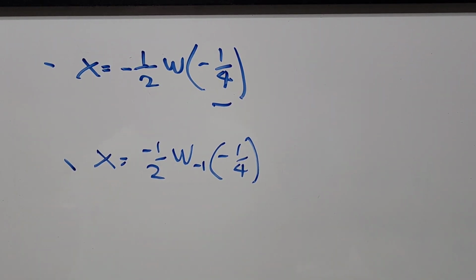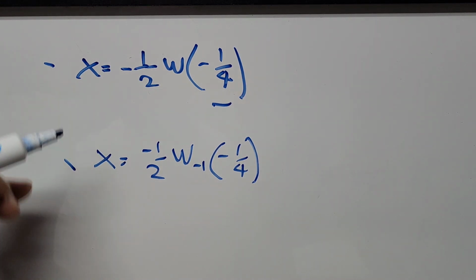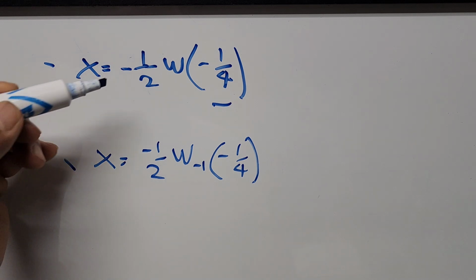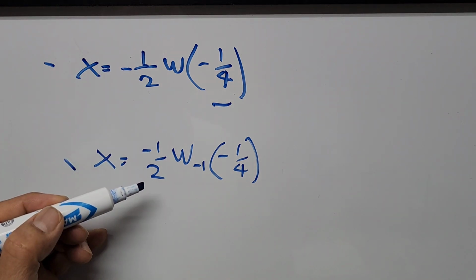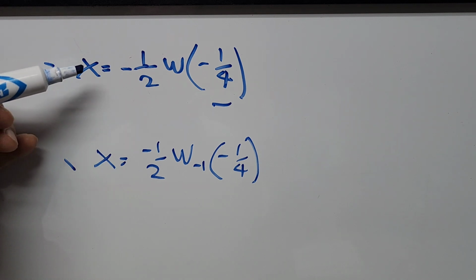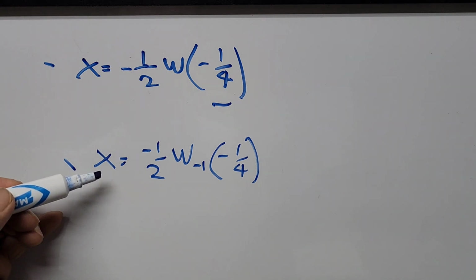Since we cannot solve the numerical value of x in this sense, all we have to do, if you have access to a computer, or if you have a cell phone and you have the Wolfram Alpha app, is plug in this value or this value or both of these. You can get the value of x for this and the other value of x for this.